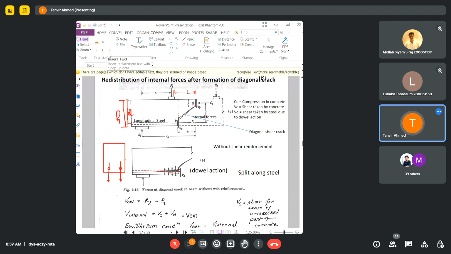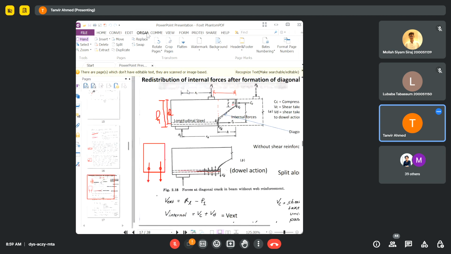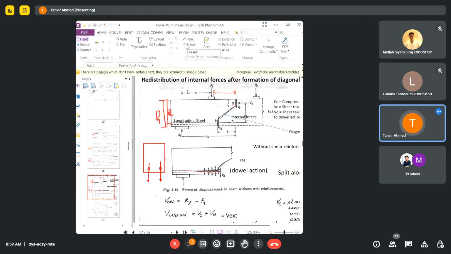The reason, if I explain here: say for example, the crack has propagated to this distance. In that case, what will happen?